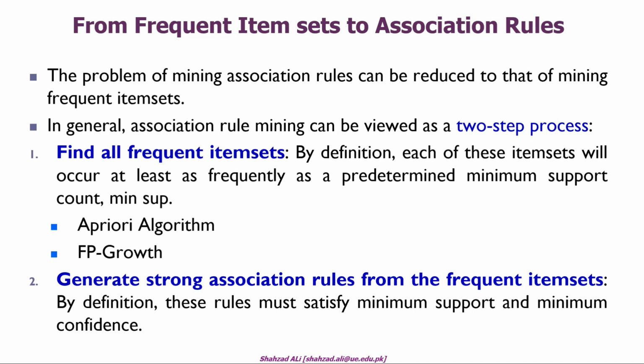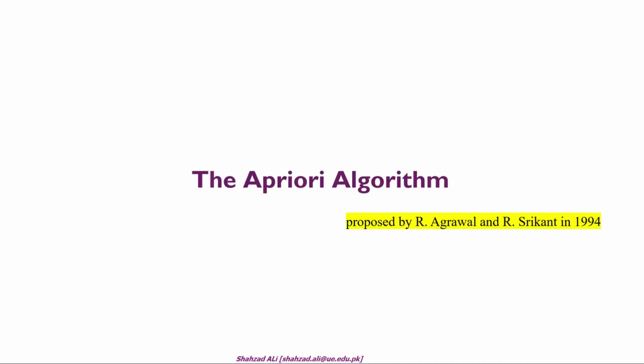The first one is the Apriori algorithm, and the second is the FP-growth algorithm, or frequent pattern growth algorithm. After mining the frequent patterns using either of these algorithms, we generate association rules from the frequent itemsets. In this lecture we will cover the Apriori algorithm.